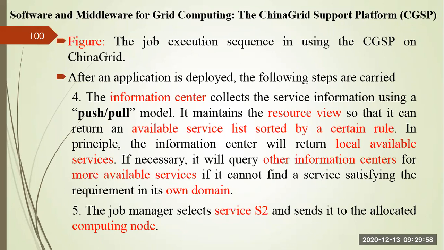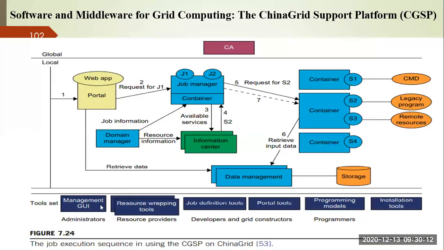So you can view the resources from various angles. Okay. So the information center will also return the local available services. What are the resources that are available locally? What are the resources that are available globally? That's why you can see in the diagram, they have divided into 2 parts. One is local, another is global, right? And this information center is going to provide that facility to the job manager, right?